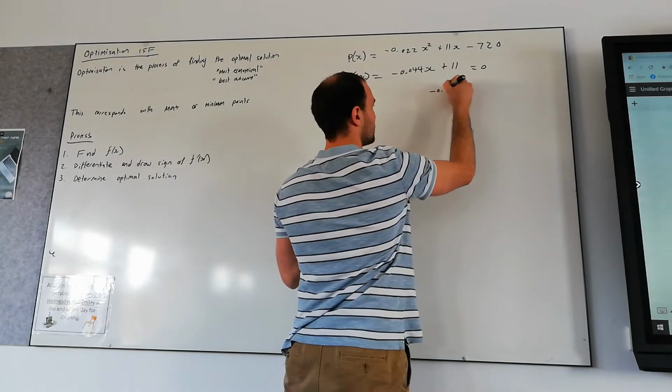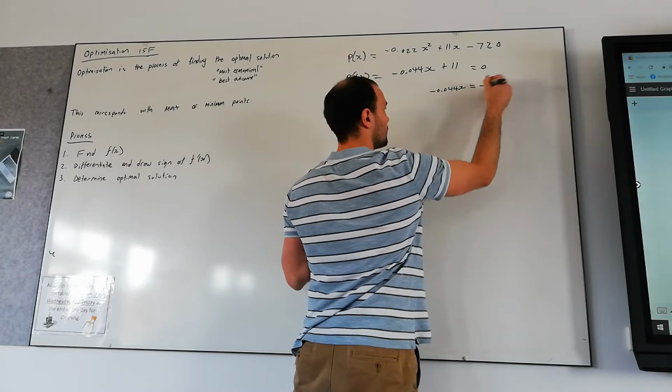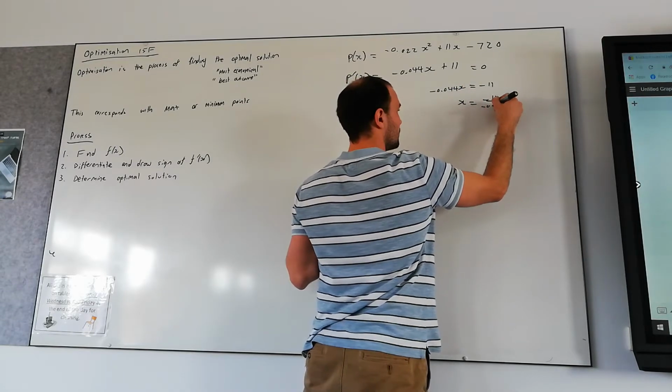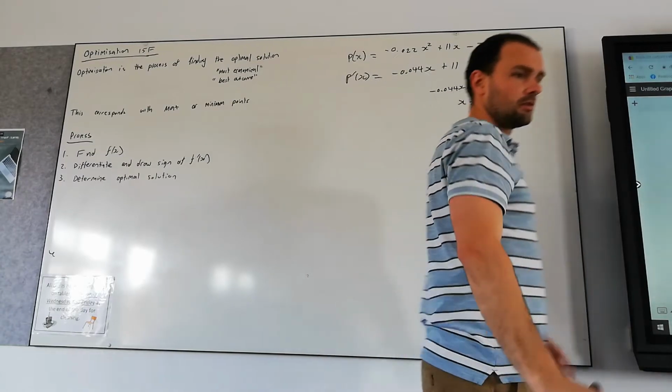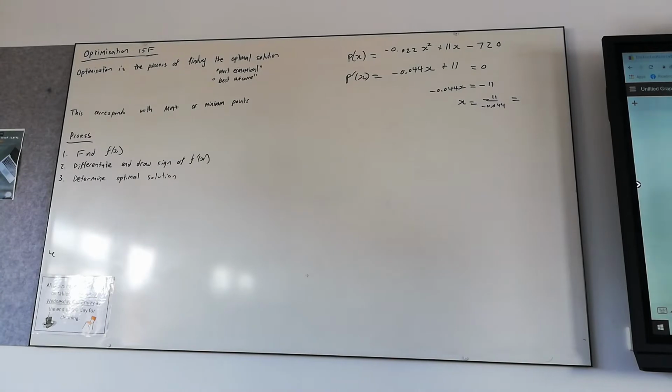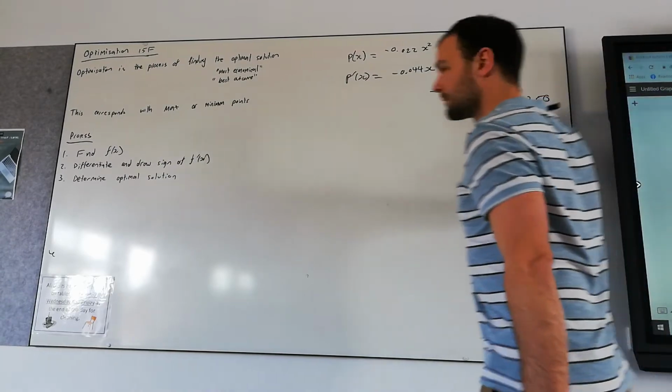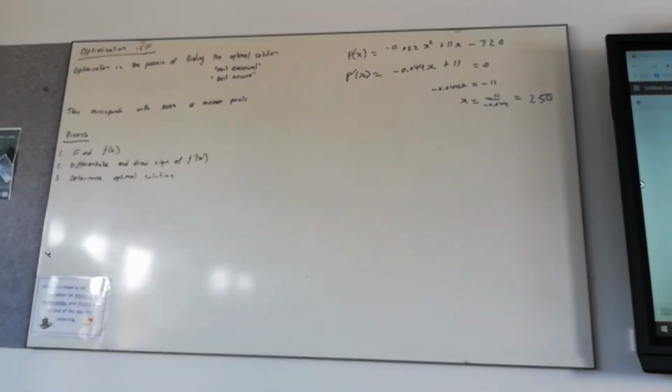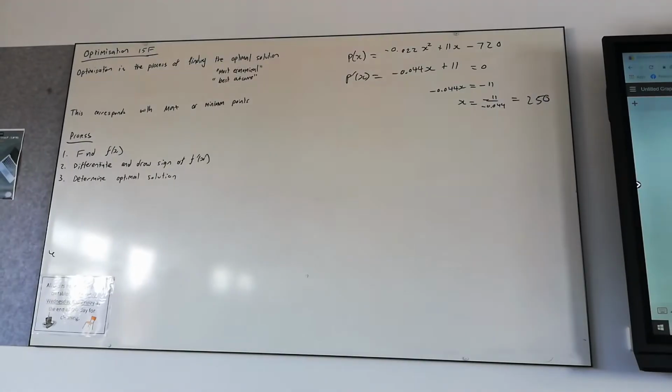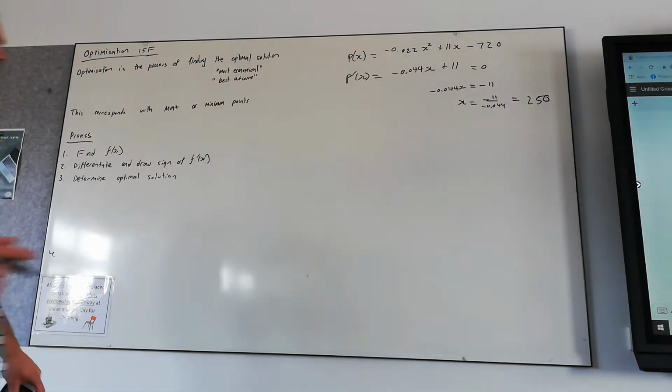So that's when x is 250. So what that means is when we make 250 items, that's when we have our root.